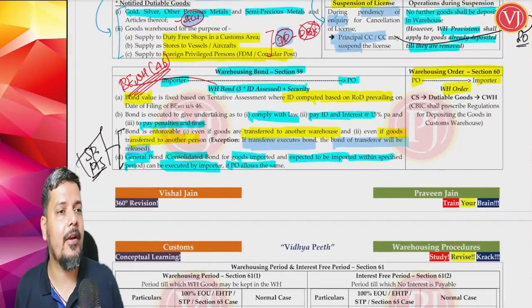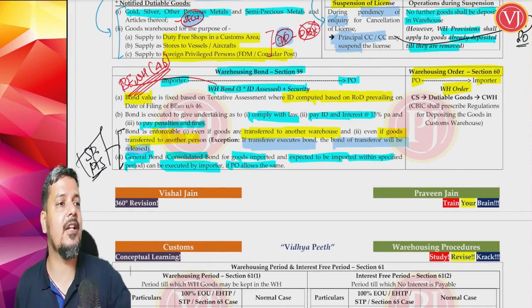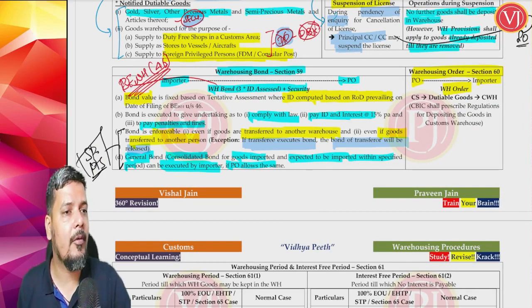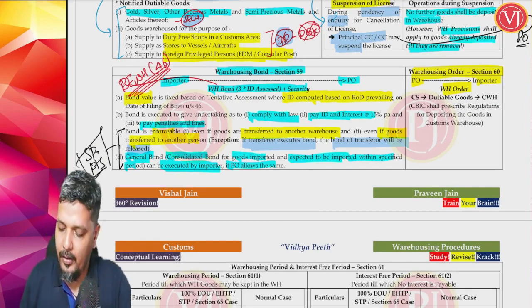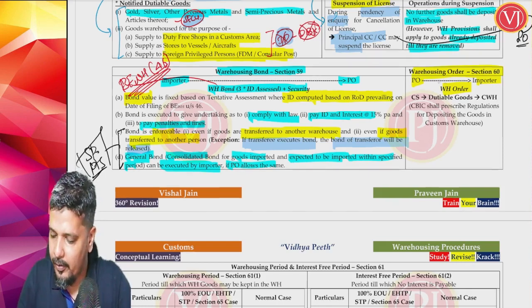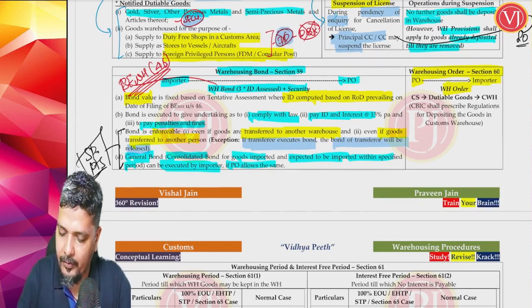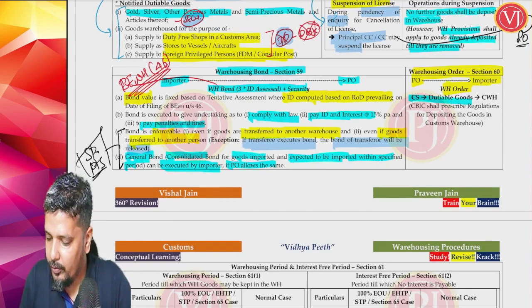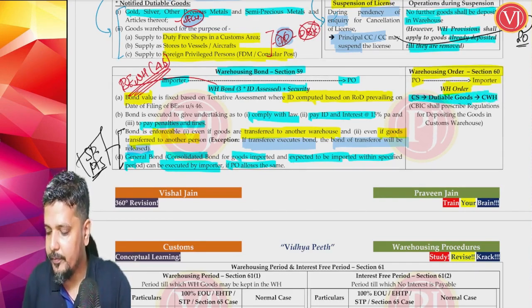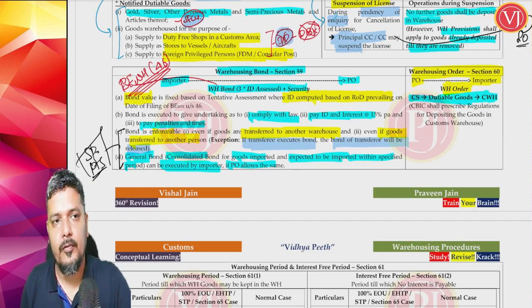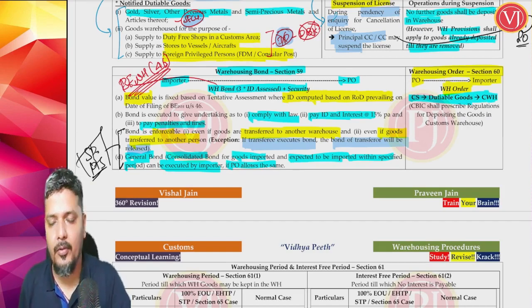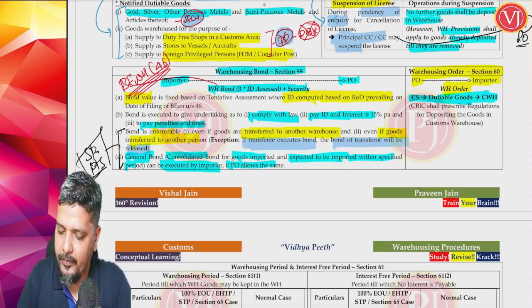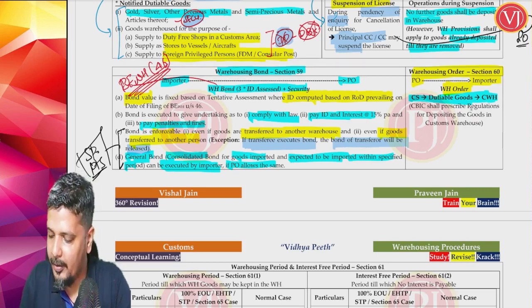Once you understand everything about the bond, what will happen? The importer will file a bill of entry for warehousing under section 46 and give a warehousing bond which is 3 times the amount of import duty along with security. The officer will give a warehousing order. When the officer gives the warehousing order, the dutiable goods will go from the customs station to the customs warehouse, and the procedural part can be given in regulations.